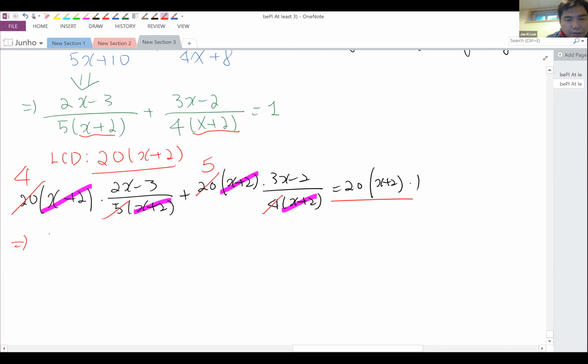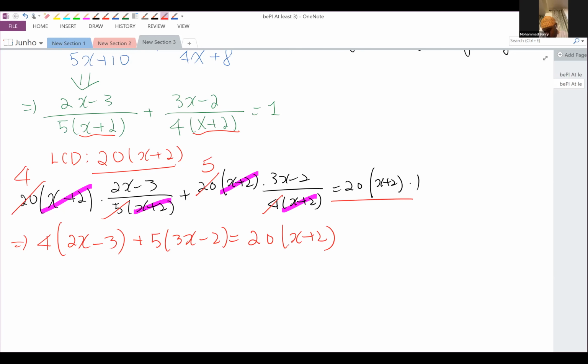So this becomes 4 times (2x minus 3) plus 5 times (3x minus 2) equal to 20 times (x plus 2). Okay, please double check you have that so far. Now we open the parentheses, let's distribute.